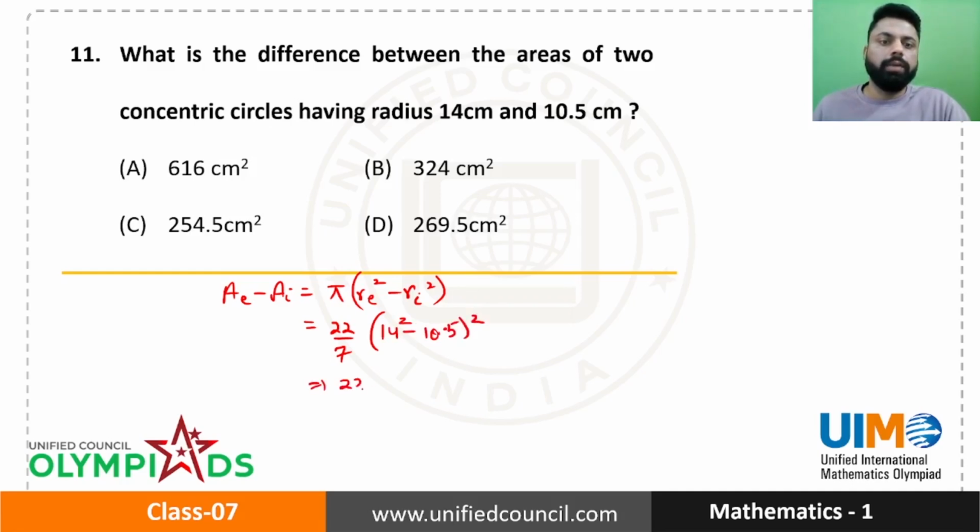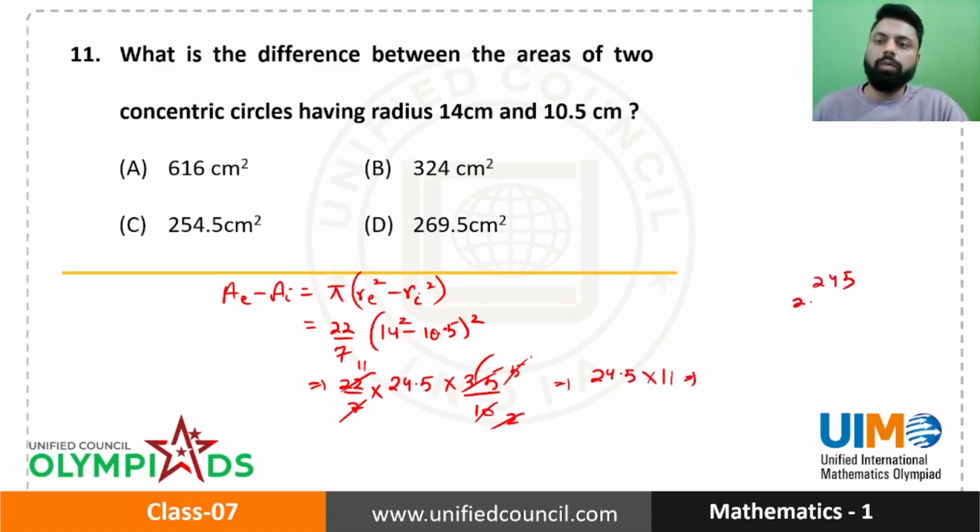So this is 22 upon 7 multiply by 14 plus 10.5, 24.5, multiplied by 14 minus 10.5, 3.5. 24.5 multiplied by 11, that gives 269.5 centimeter square. So the option is the correct answer.